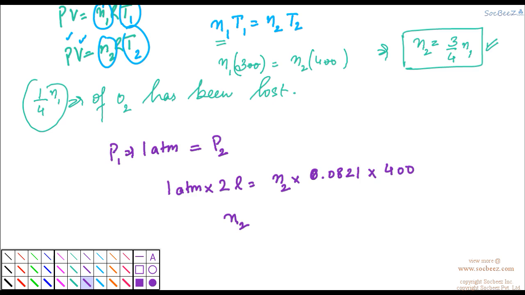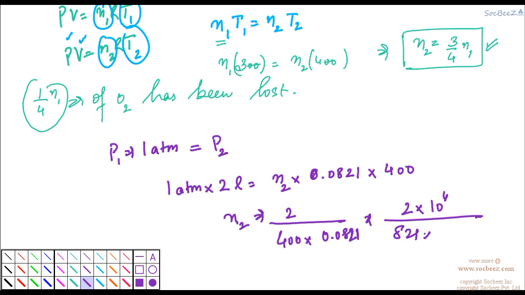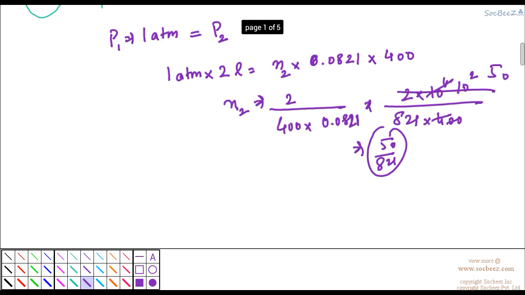So which gives us the value for N2, which is nothing but 2 upon 400 into 0.0821, which is nothing but 2 into 10 raised to power 4 upon 821 into 400, which cancelling 2 zeros from here gives us 50 upon 821 moles, right? So these are the moles in the final situation.